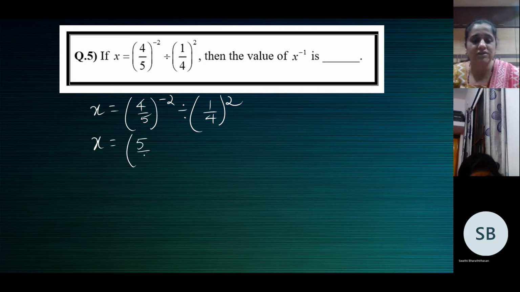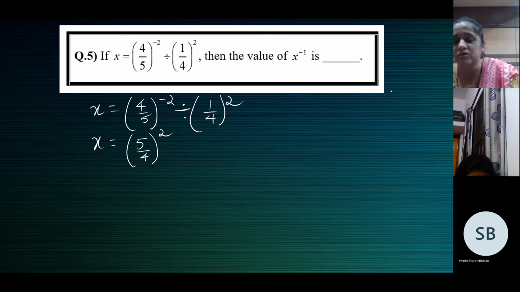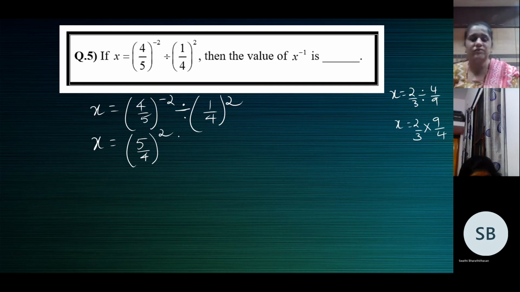Reciprocal of the base, negative of the power. Then here, division. See, now that's what we normally do. If we have x is equal to 2 by 3 divided by something like 4 by 9, what do we do? x is equal to 2 by 3. Division becomes multiplication, and we take the reciprocal of 4 by 9, 9 by 4. Same concept we're using here.